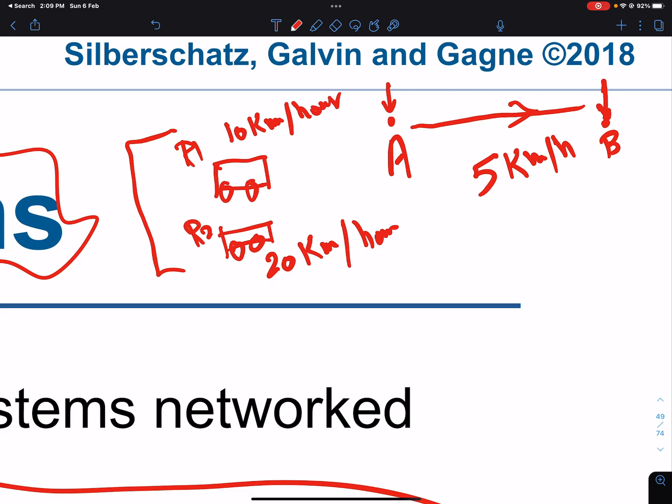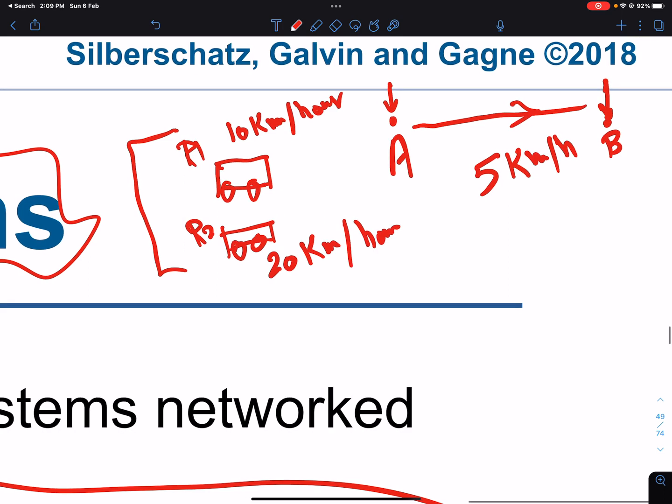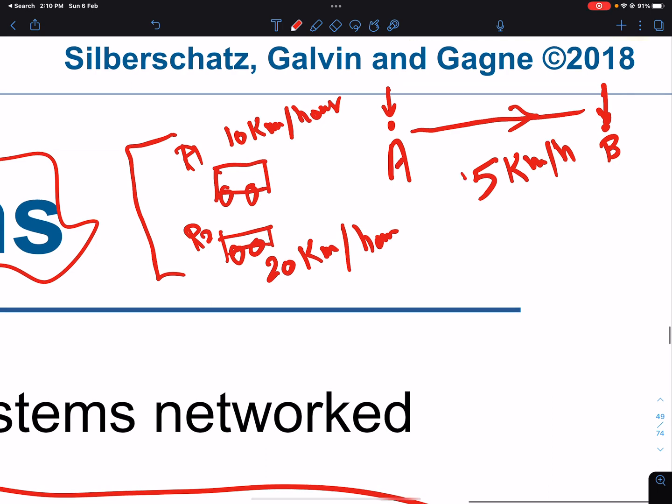All right? If the required task, however, is to move this item with the speed of 15 kilometers per hour, then they're no longer homogeneous. Now they're heterogeneous. Why? Because robot 2 can achieve the task, whereas robot 1 cannot.